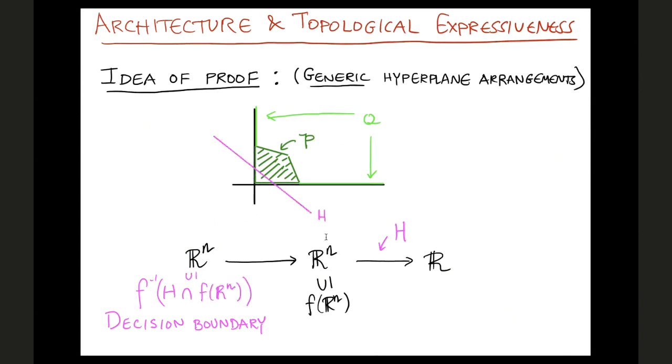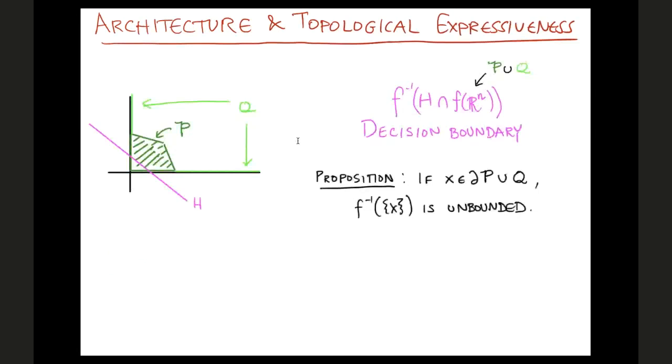The point here ends up being that if a hyperplane intersects this type of object at all, then it's going to intersect the lower dimensional stuff, i.e., this Q or the boundary of P. Then we just have to understand that, because of the definitions of the neural network functions, the preimage of anything in this lower dimensional part is unbounded.